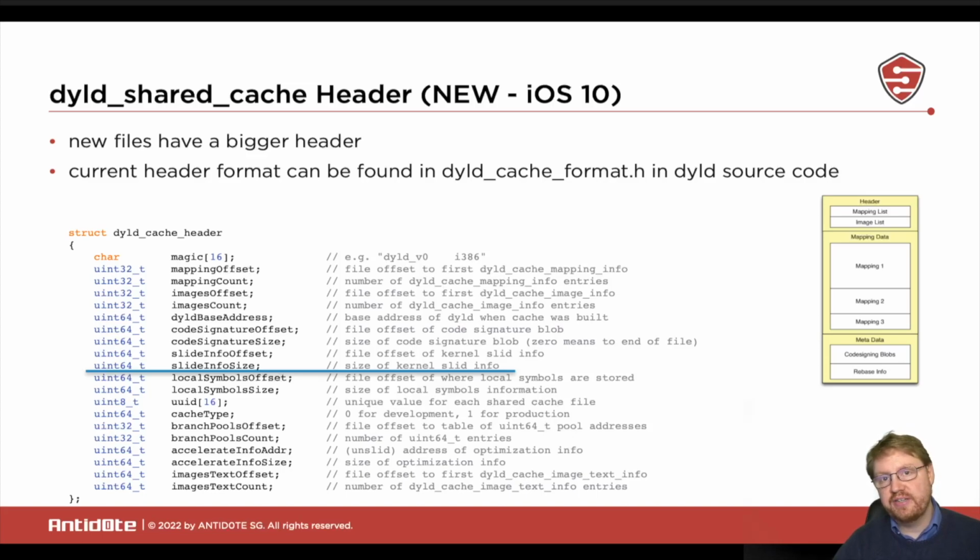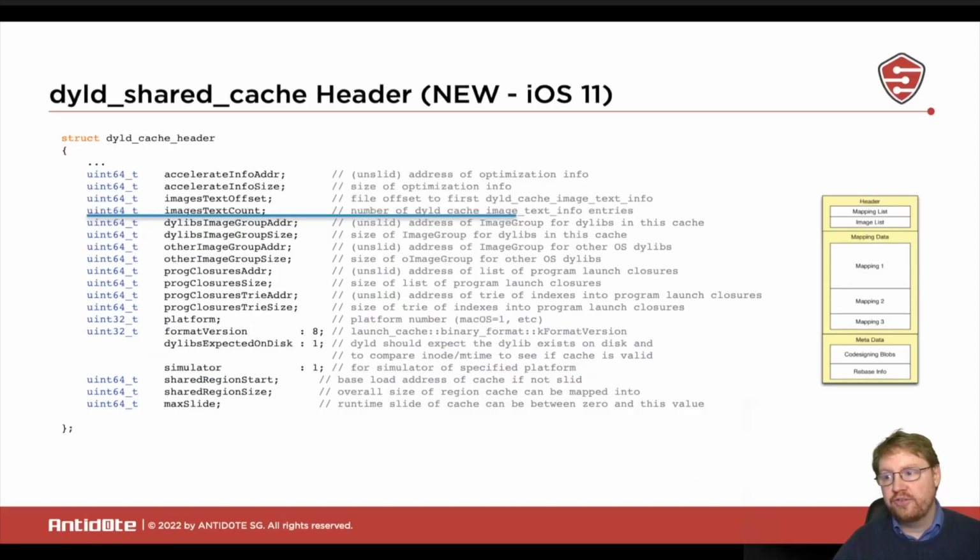So you basically try to grab the newest dyld and you will find the newest header. So what changed here? The cache header got bigger because there's now something called branch pools and so on in there. What this means becomes clear later on.